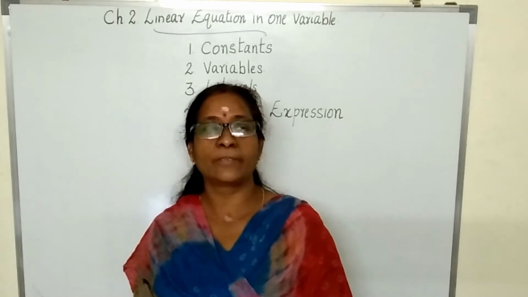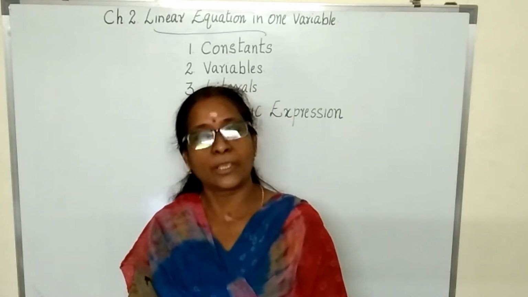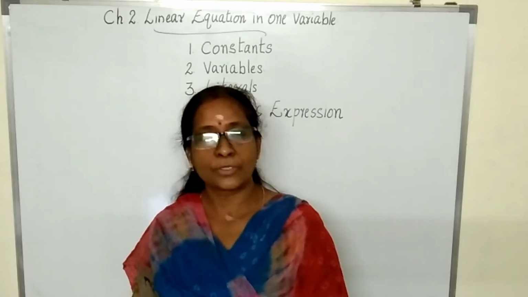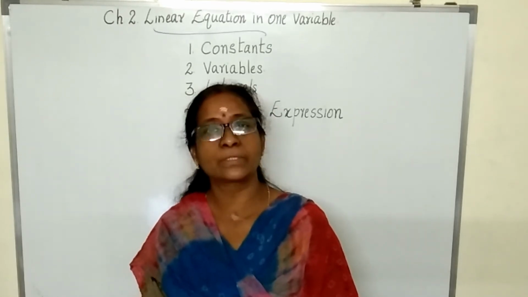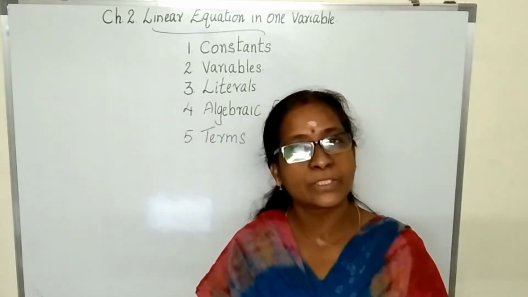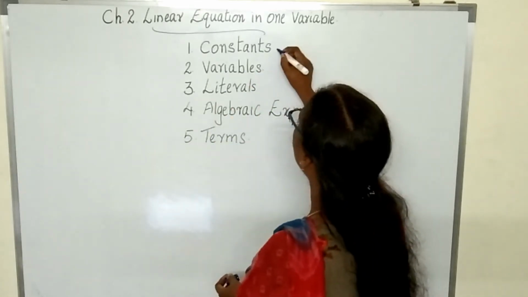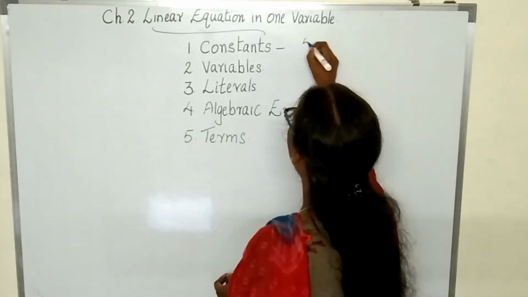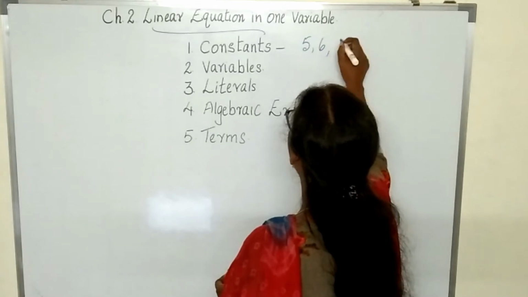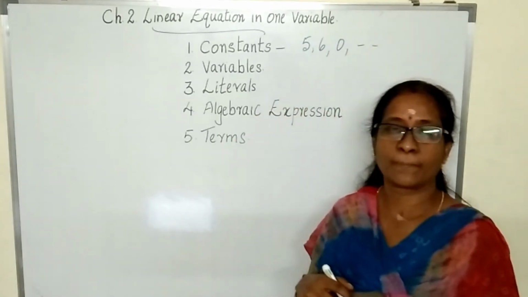For example, if you take any numbers like whole numbers, natural numbers, integers, or in total rational numbers, they are all constants. They have a fixed numerical value. If you take examples, 5, 6, 0, all these numbers are called constants.